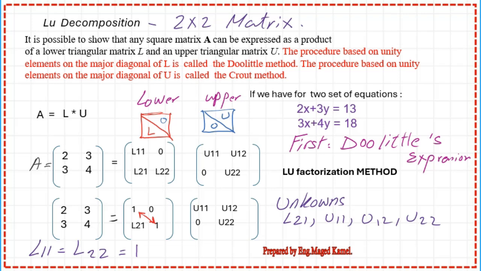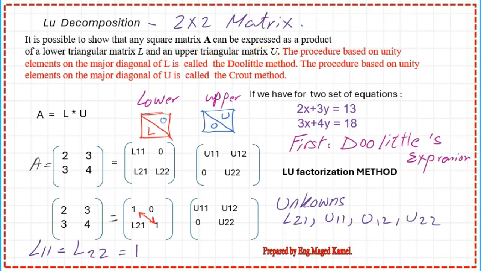What is the difference between Doolittle's method and Crout's method? This is an introduction: LU decomposition separates a matrix into two components, one called L, the lower triangular matrix, and an upper triangular matrix U. If the main diagonal of the lower matrix is unity, the procedure is called Doolittle's method.